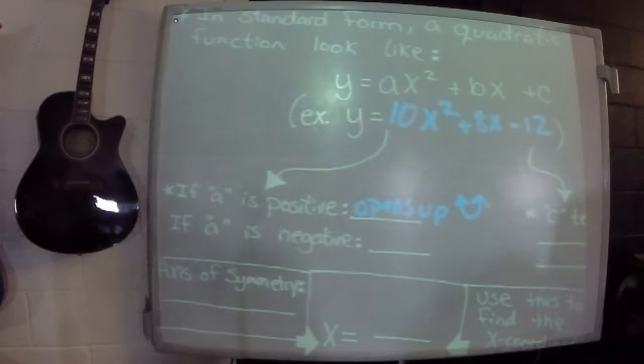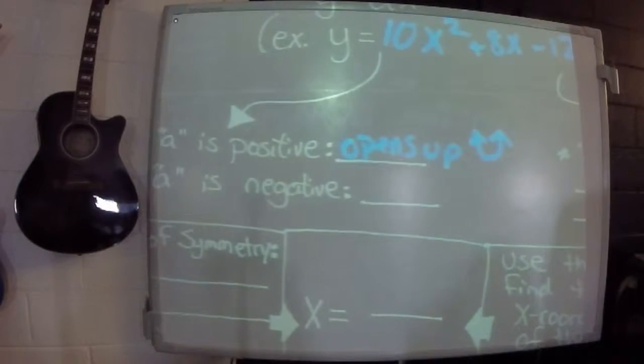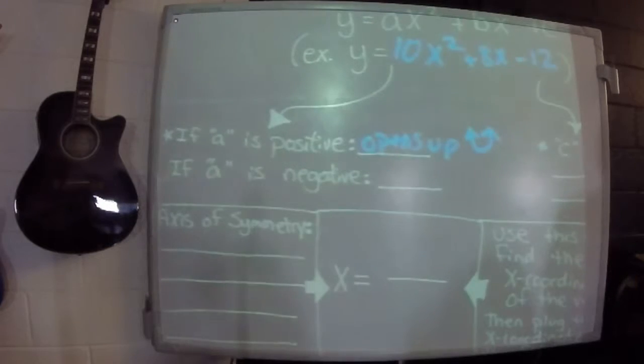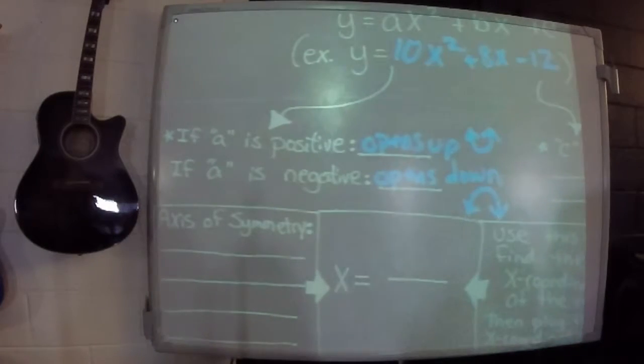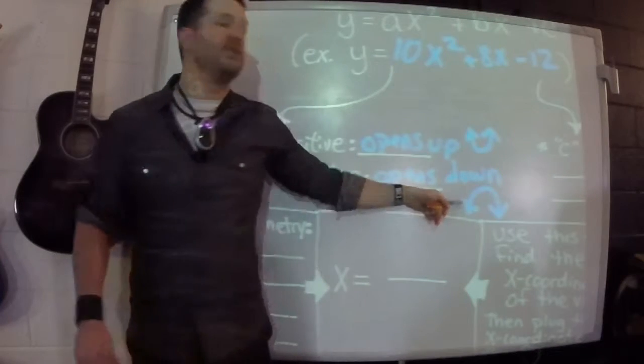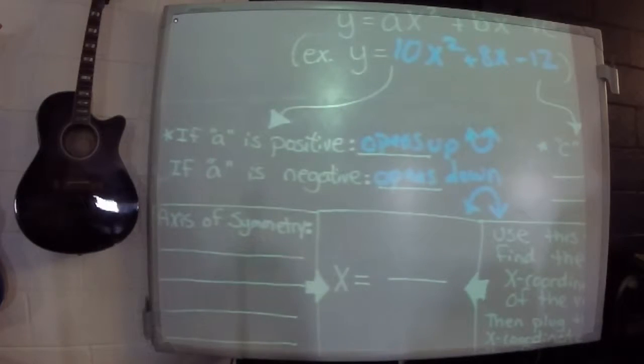And if that's negative, instead of opening up, it's going to open down, and it'll be upside down. So just based on the fact that the first number is positive, you'll know it looks like this. And if the first number is negative, you'll know it looks like this. So even without the graphing calculator, you have an idea what to expect. And if you put it in the graphing calculator and get something crazy different, maybe double check it. Make sure that you put it in right.